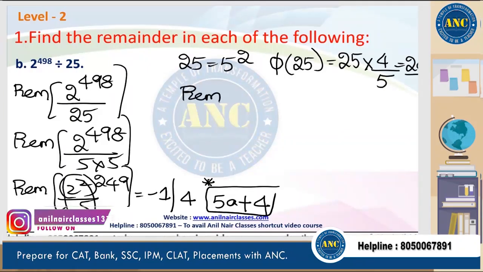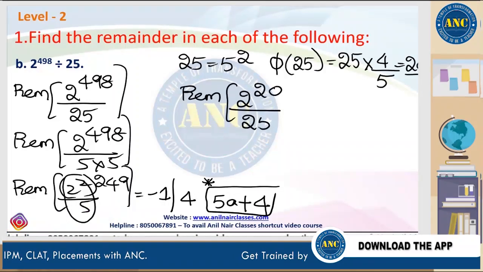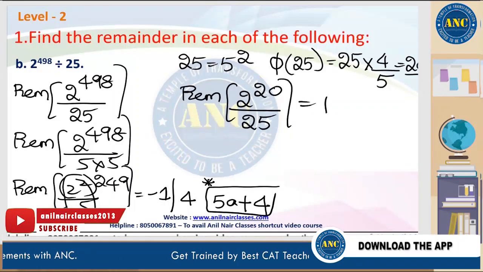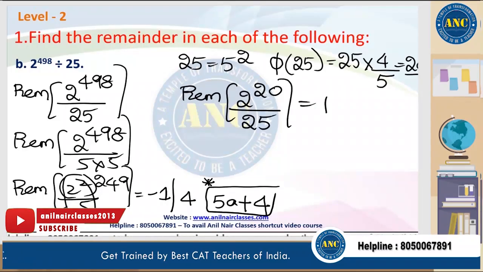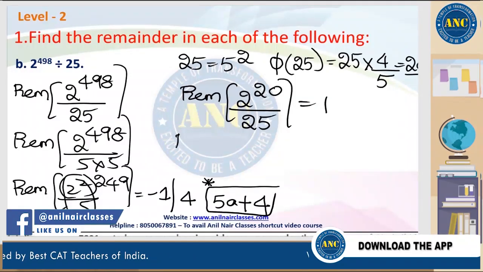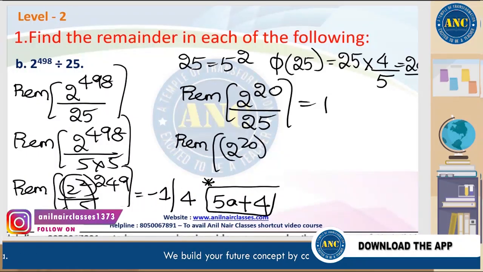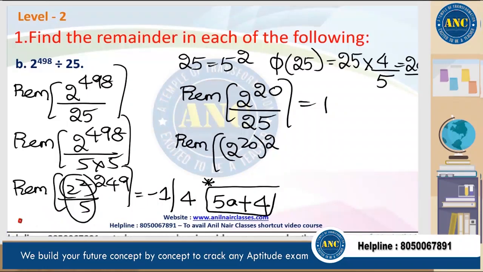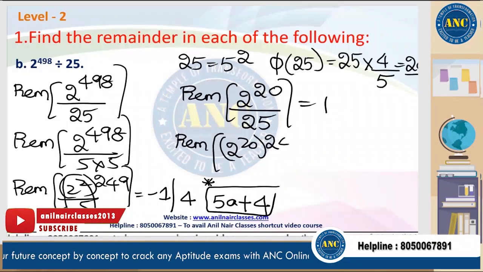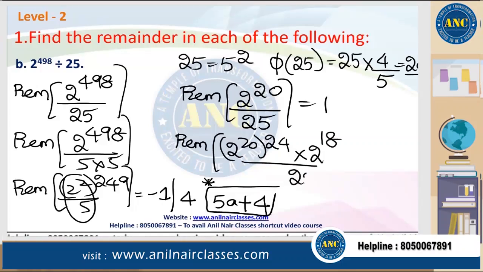According to the theorem, 2 power 20 divided by 25 gives remainder 1. But the question is 2 power 498. So we can write it as 2 power 20, 24s are 480, plus 18. So what we'll do is 2 power 480 into 2 power 18 by 25.